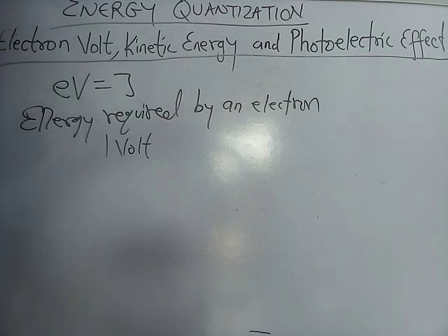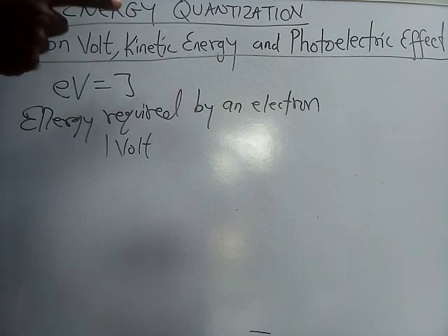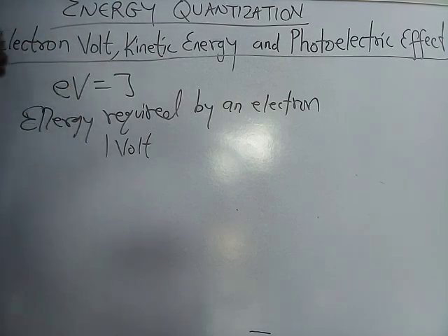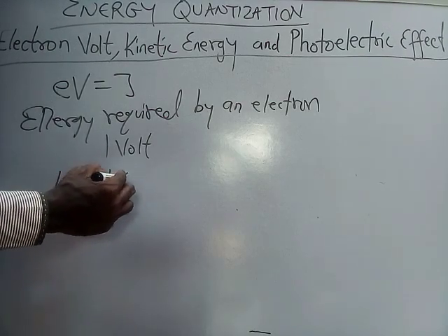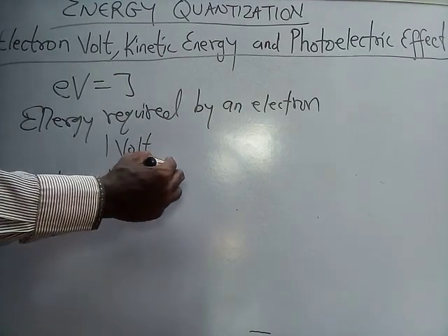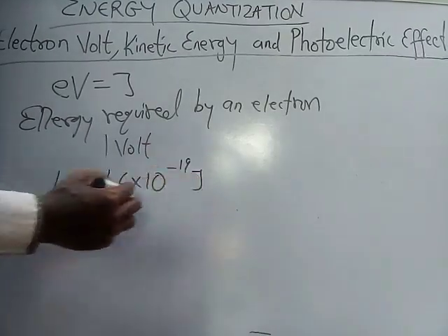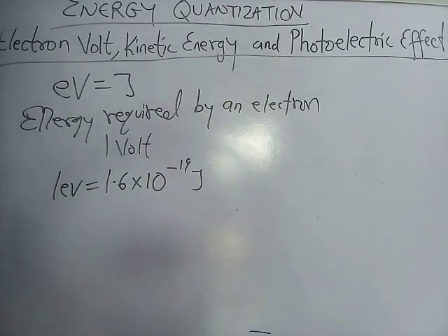So the energy required by an electron in falling freely through a potential difference of 1 volt is known as 1 electron volt, and 1 eV is equivalent to 1.6 times 10 raised to minus 19 joules.